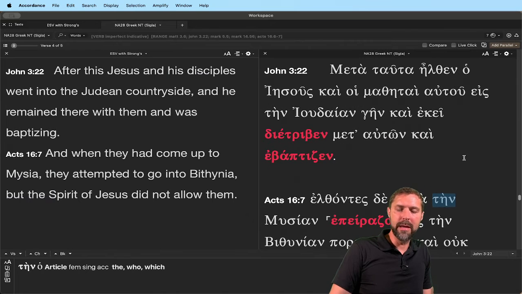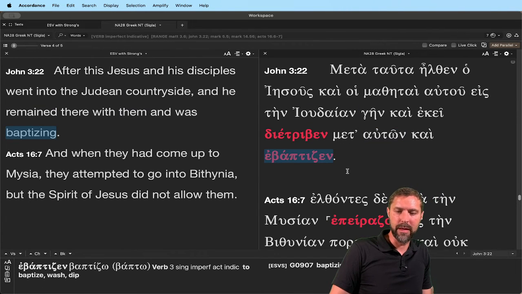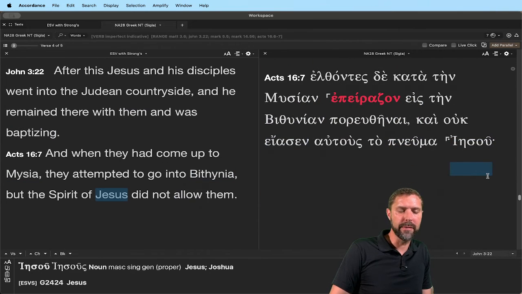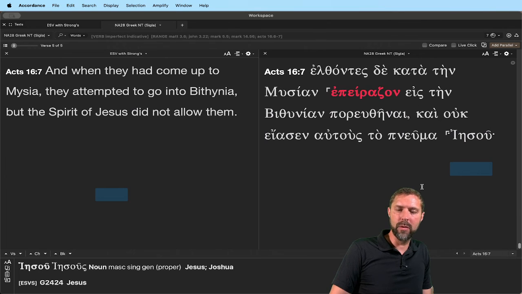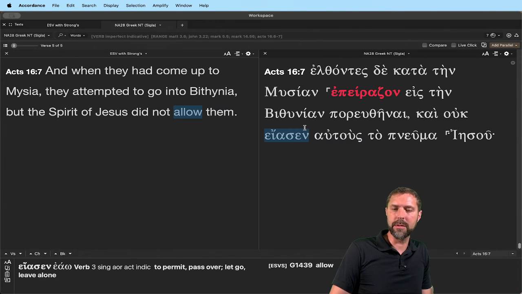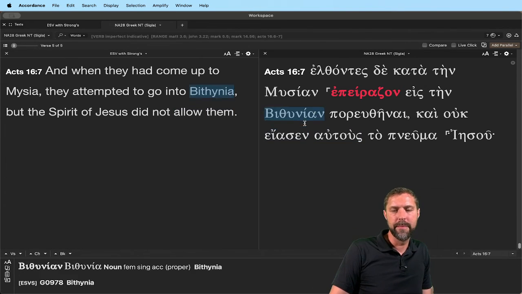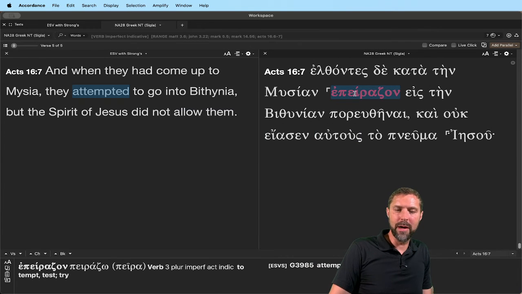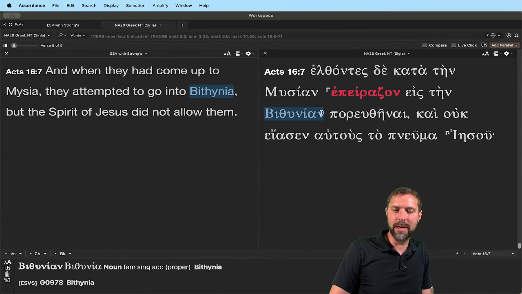John 3, Jesus' baptism is also this ongoing sort of thing. He was baptizing. And finally, this one's really interesting. They were attempting, the apostles are attempting to go to some places. And it just says they were attempting to go to Bithynia, but the Spirit of Jesus did not allow them.